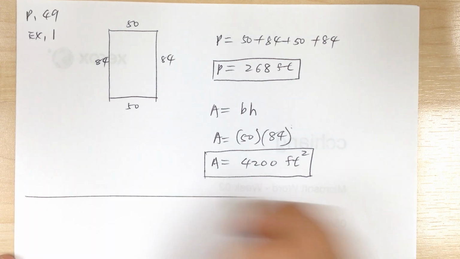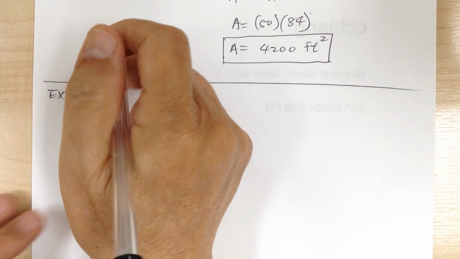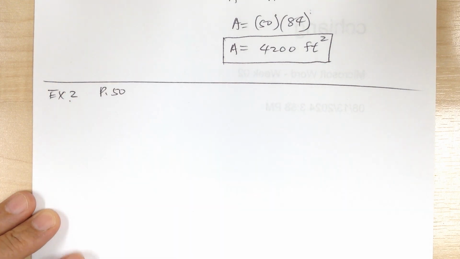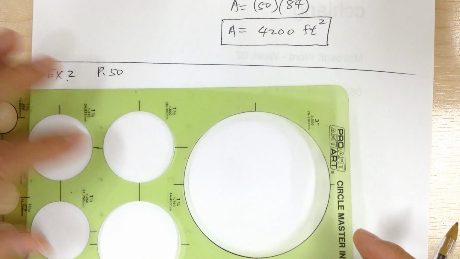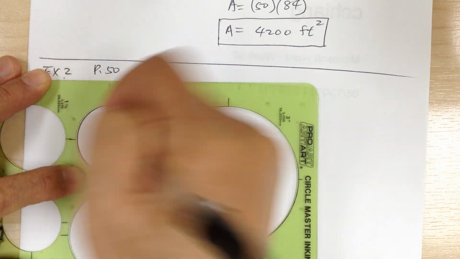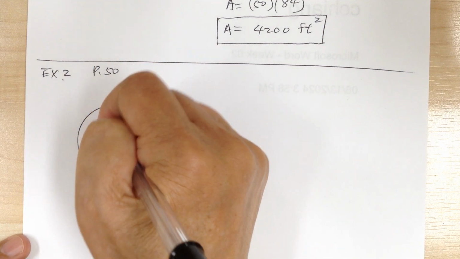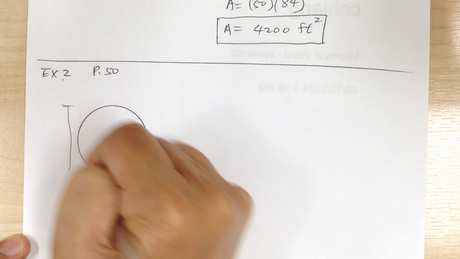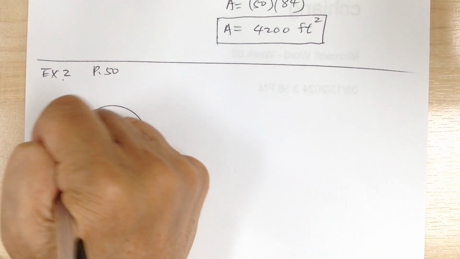Okay, let's go to example 2. This is on page 50. So you have this emblem over here, the patch, and it tells you that the diameter is equal to 9 centimeters.